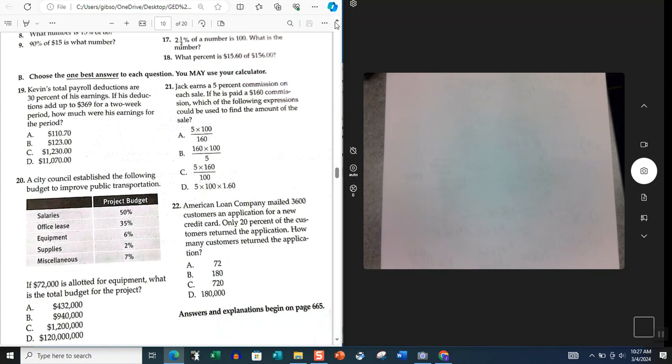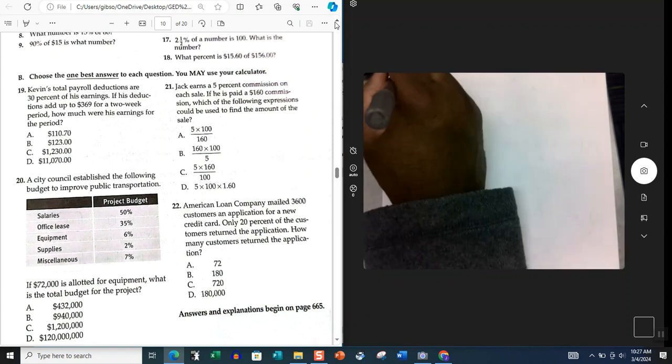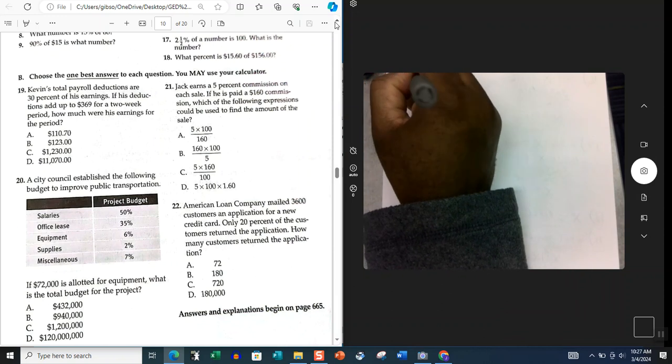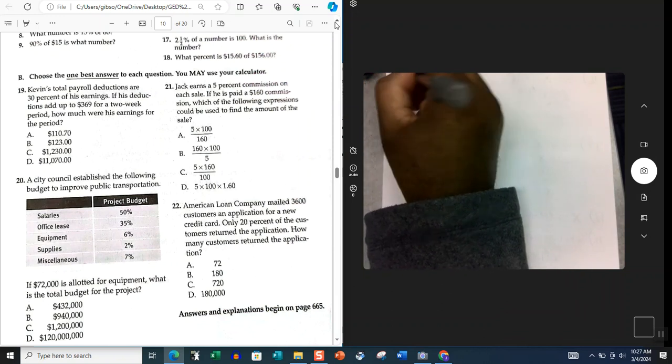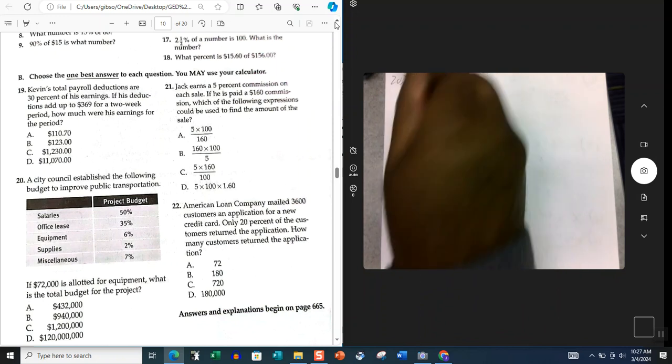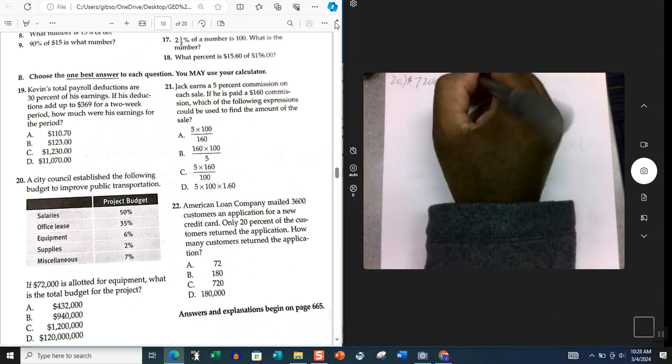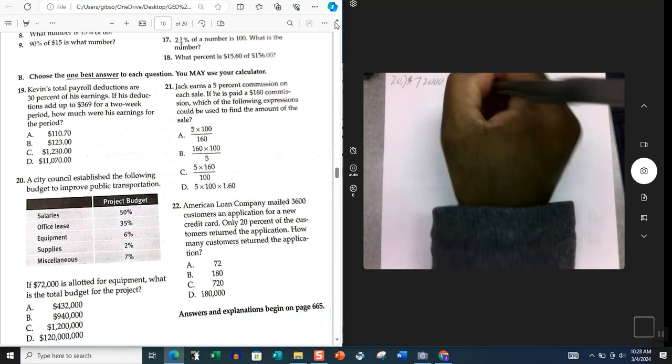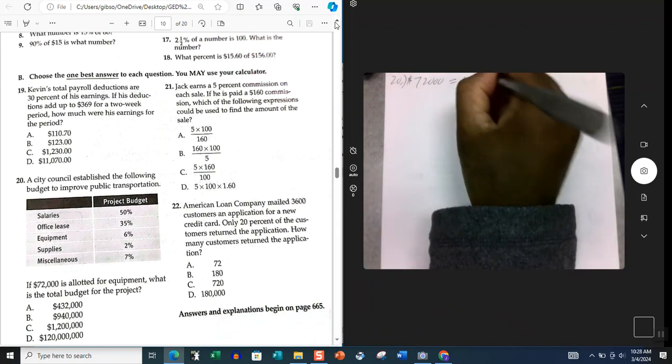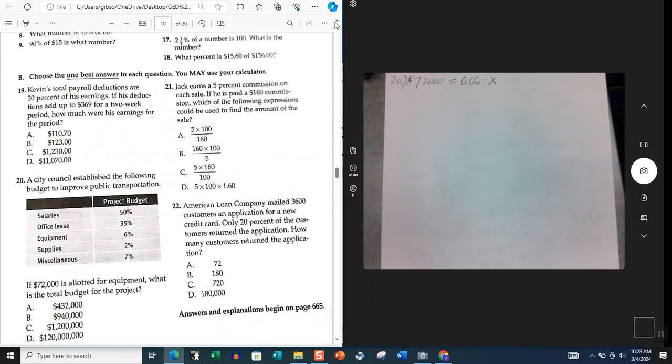So for number 20, 72,000 is 6%, which we'll put at 0.06, of what number?